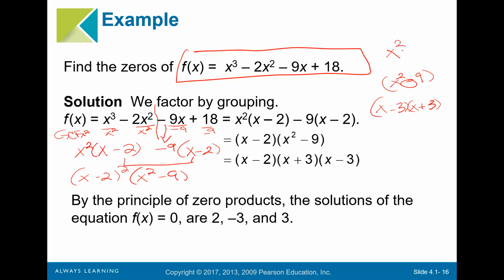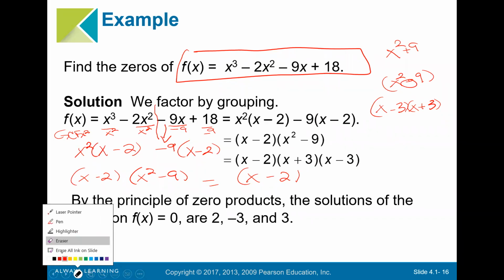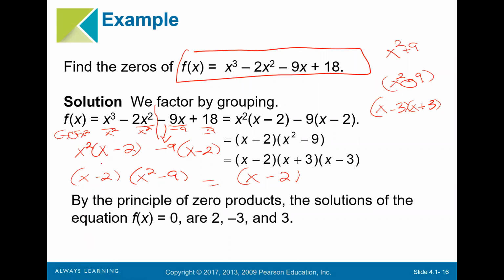However, if it was x squared plus 9, we could not do this. Okay, so now I have x minus 2. I didn't mean to put a square on there, I hope you caught that. I just got carried away. I factored it out, which is the same as dividing both parts by that parentheses. That was my GCF for this next row.